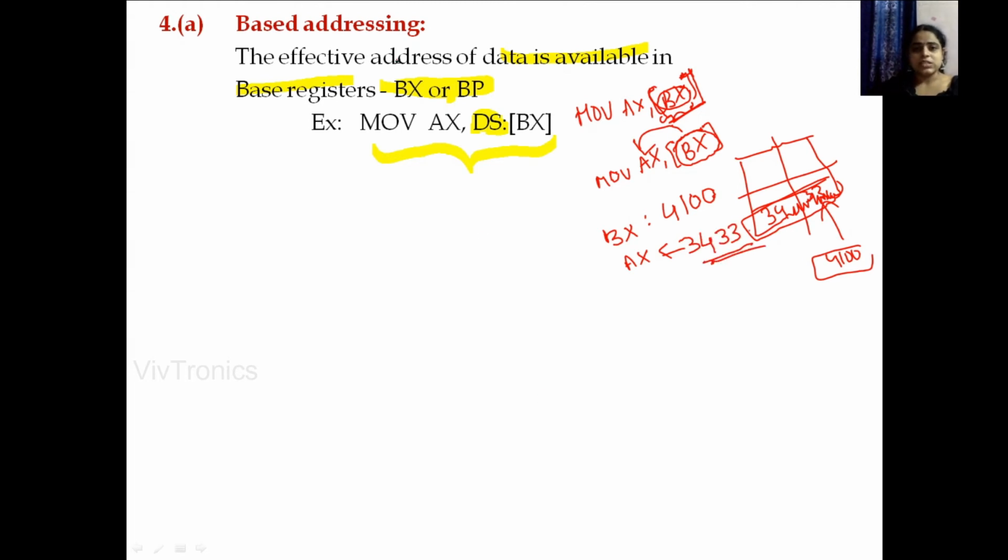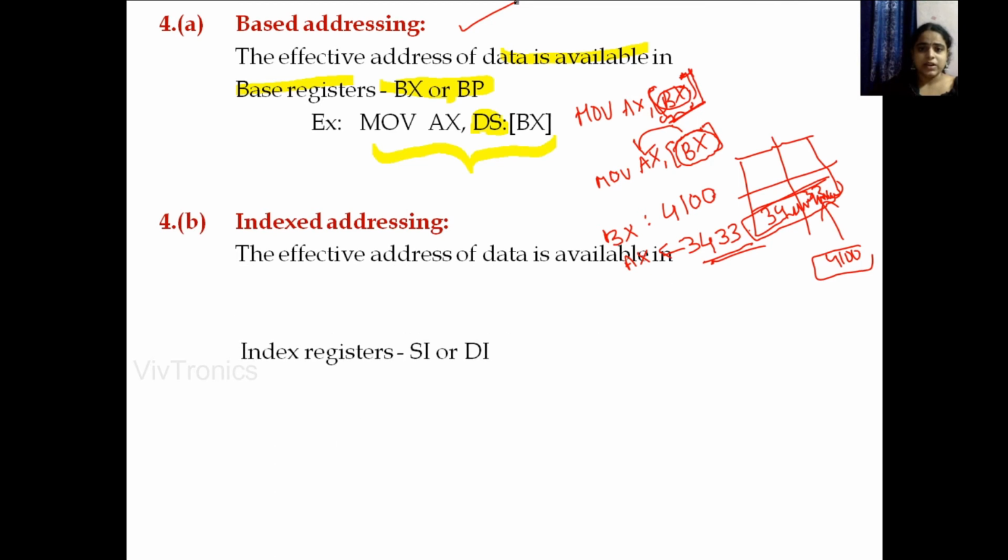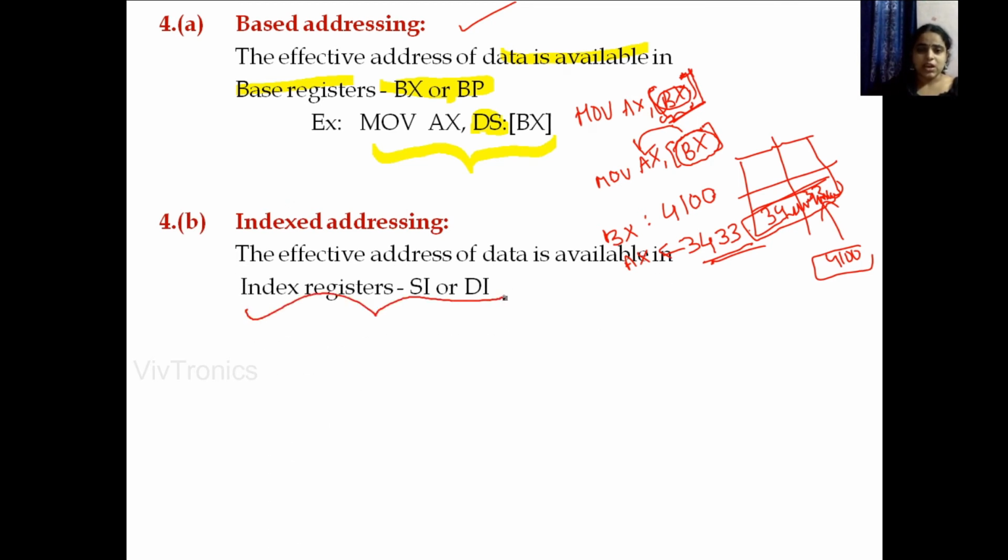Okay, so this is the base addressing. The next one is indexed addressing. Indexed addressing means the effective address of the data is available in either of the index registers SI or DI. For this you can write MOV AX, [SI].